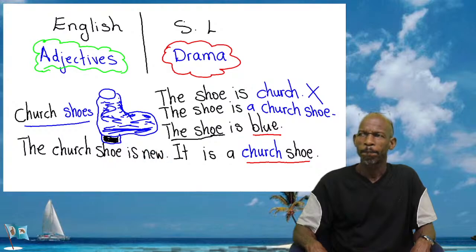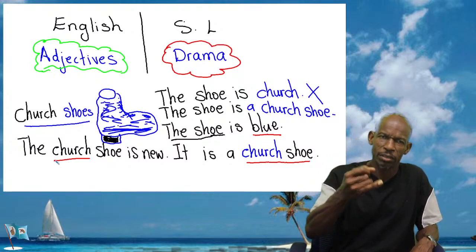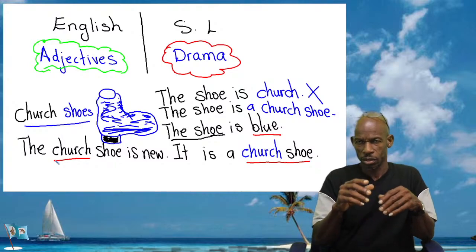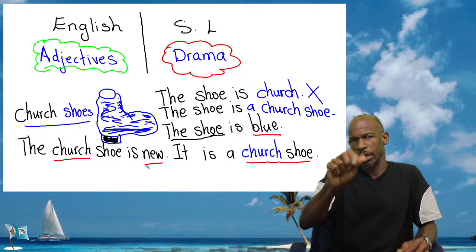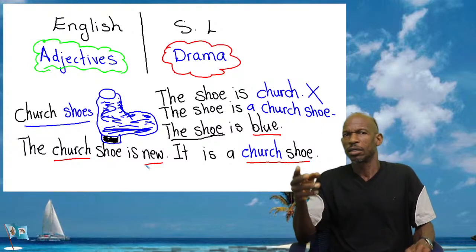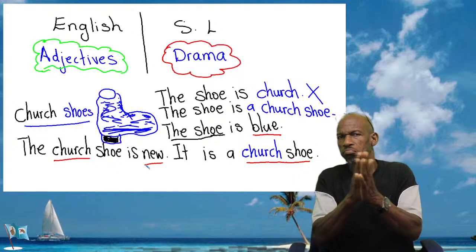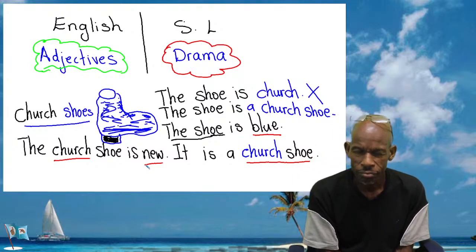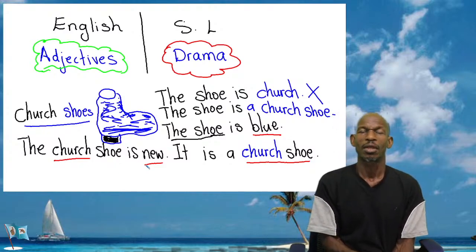I have the adjective church describing what I'm going to use the shoe for. It is a church shoe. And I also have new. So you use two adjectives in that sentence to describe the shoe. I can picture that shoe being used to go to church, and not only is it used to go to church, but it is new.